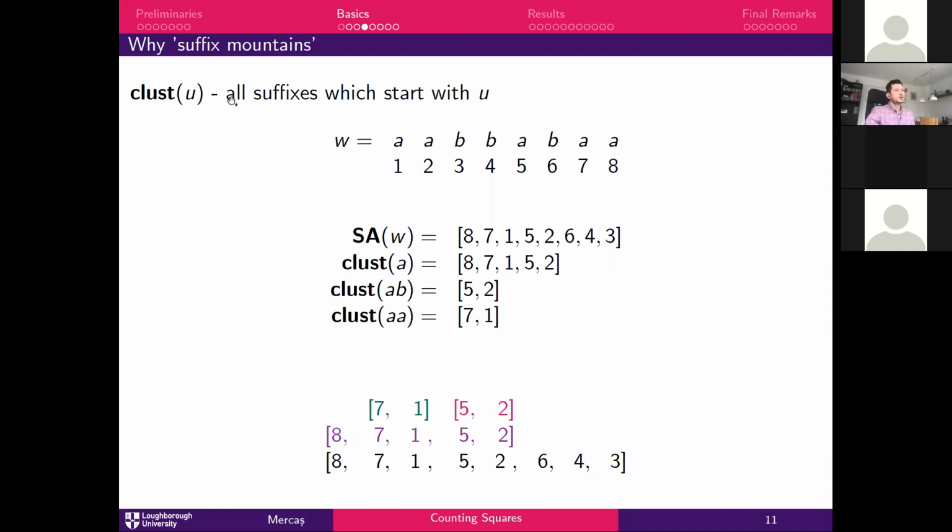And I'm calling a cluster all of the suffixes that start with a certain word. So the cluster U is going to be all of the suffixes that start with U, and this is what I'm looking at. Sorry, maybe I should have started with this one. Okay, so suffixes starting with AA in this word will be the whole word, the suffix over here, the suffix over here, the suffix over here, and the suffix consisting only of A.